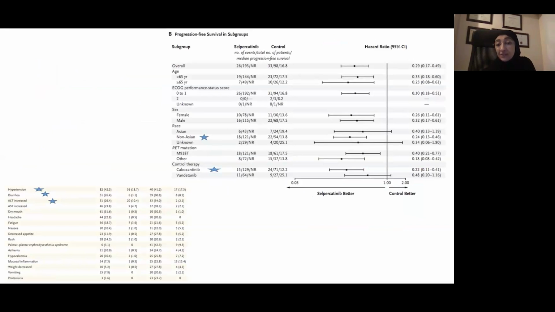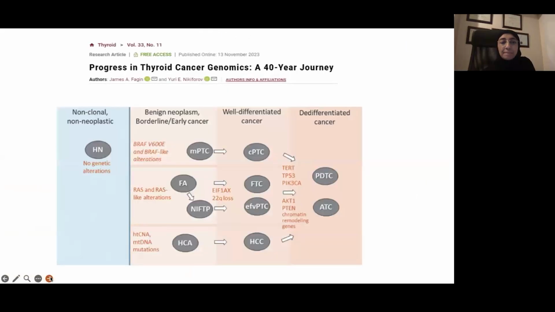Again, cabozantinib is a strong tyrosine kinase inhibitor. You should not study that with a medication that you want to prove its efficacy. So what do we know so far about the genome in thyroid cancer?